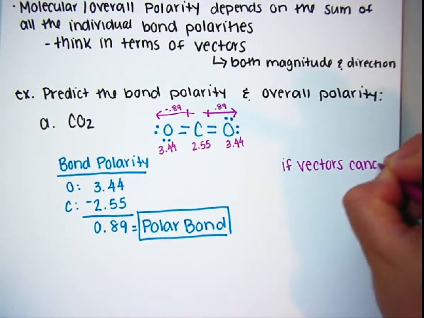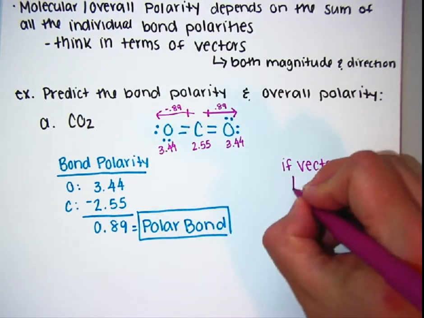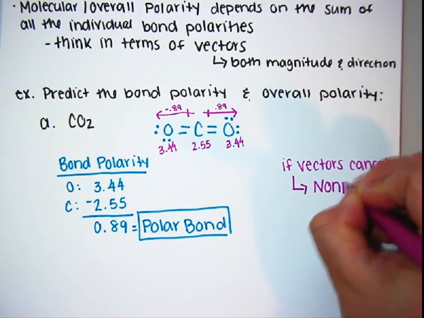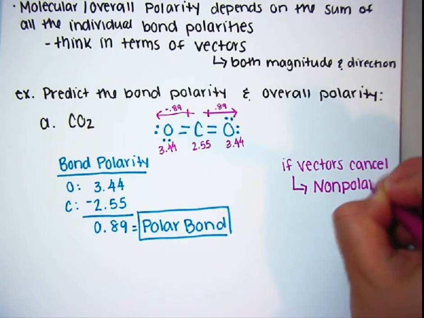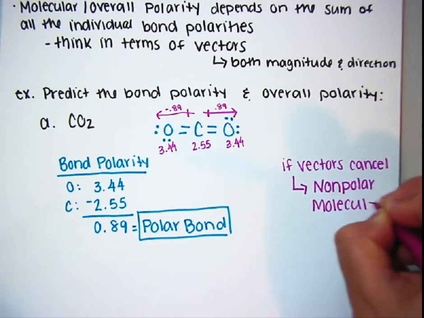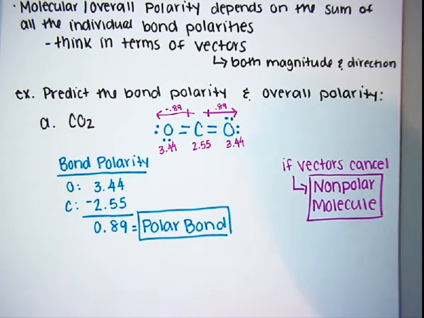Same magnitude but opposite direction means those vectors will cancel. That means this is a nonpolar molecule. It is not polar because I'm not going to have any poles. The electrons are being pulled equal but opposite, which means they cancel.